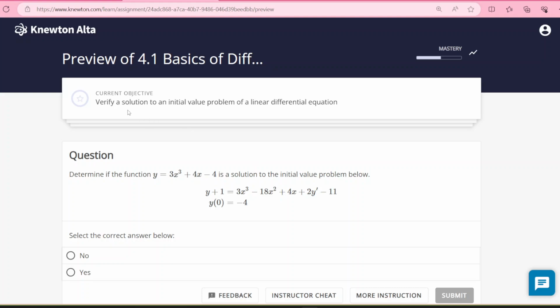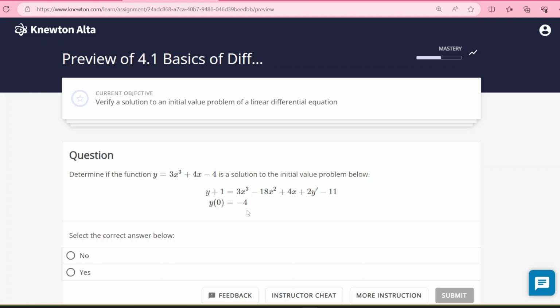All right, this is verify a solution to an initial value problem. So we've seen something similar to this before, where we're given a function. So here y equals 3x cubed plus 4x minus 4. And we're asked to determine if that's a solution of the equation below, but also an initial value problem. So you also have a condition that needs to be satisfied.